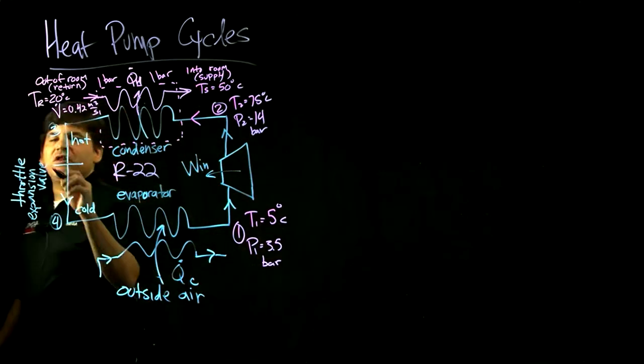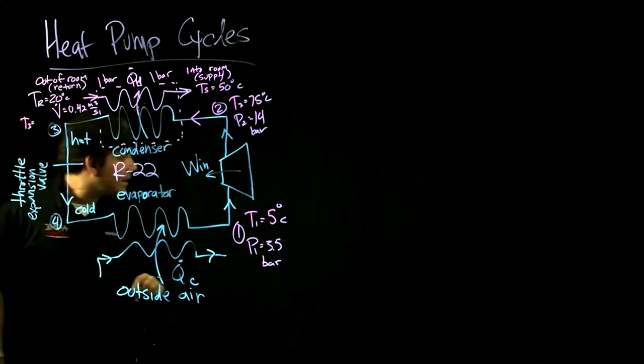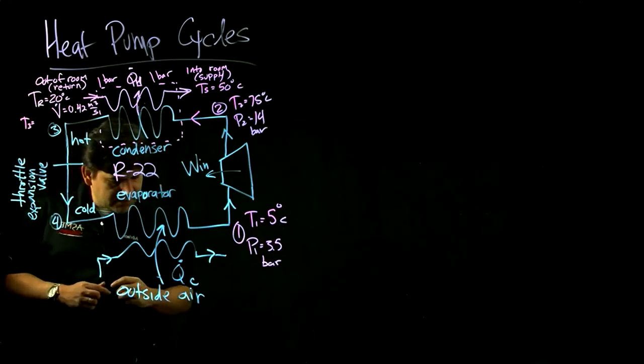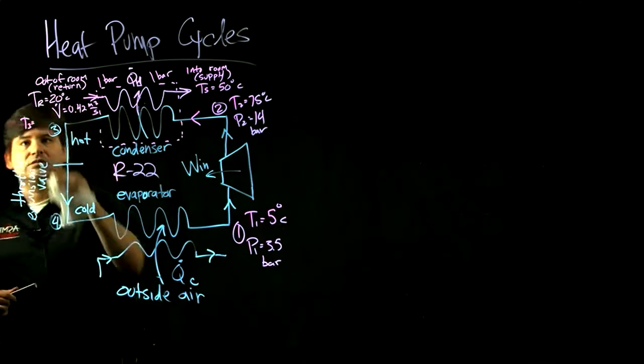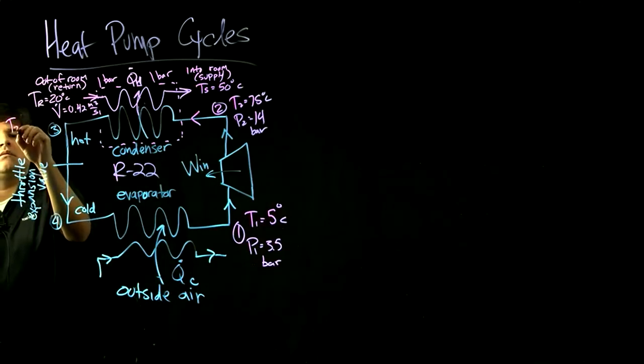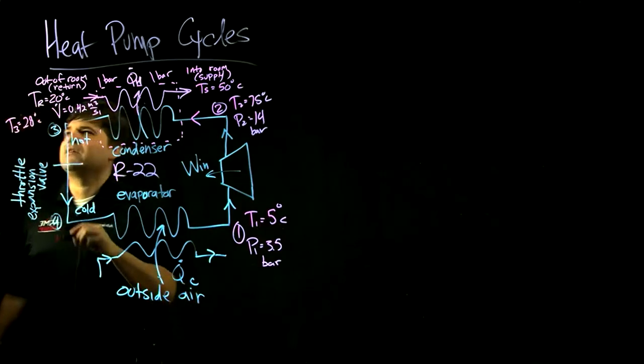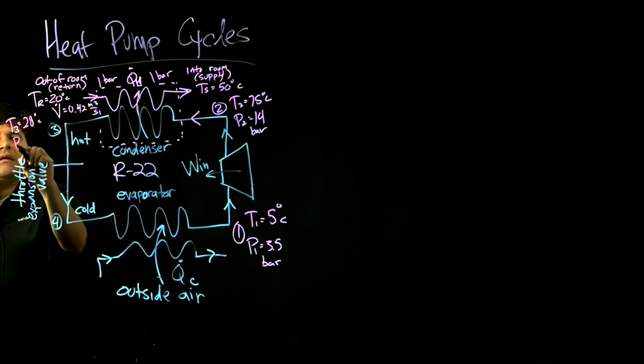So T3 here of the working fluid coming out of the condenser is 28 Celsius. So I'll draw that, give more room for that. T3 is 28 Celsius, and this is also isobaric here. So here, this is a room.